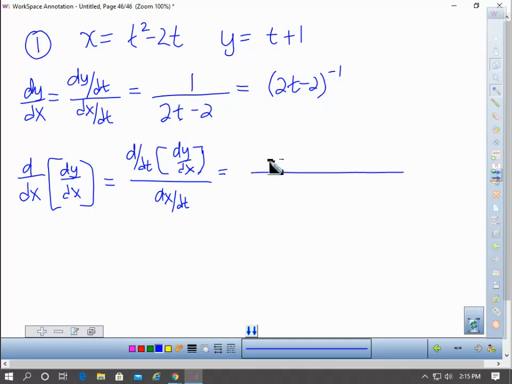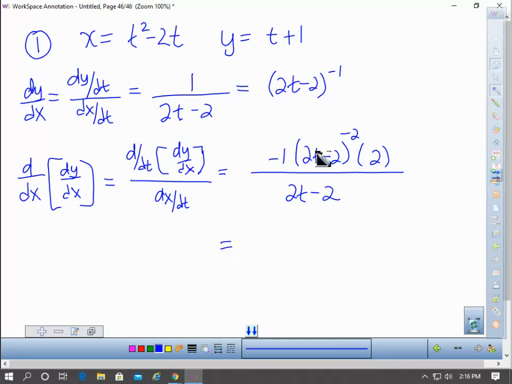So I'm going to take the derivative of this in terms of t. Multiply your negative 1 to the front. Then it's 2t minus 2, because you copy this over. Then you drop a degree, minus 2. Then we have to chain on the derivative of the inside. So all I did was take the derivative of the first derivative in terms of t's. Then you divide by the derivative of the x function up here again in terms of t. So I'm going to divide by the derivative of this, which is 2t minus 2.